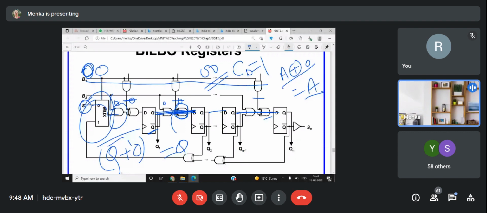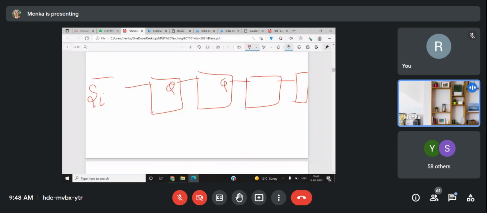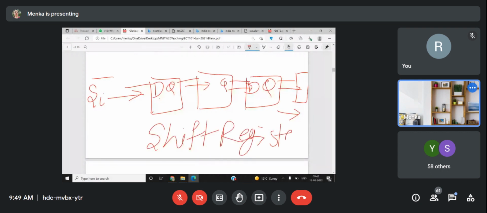So this SI bar is available at the input of the first D flip flop. So SI bar is the input, and in this fashion you are getting all the D flip flops. If a new input is pushed, it is shifted to this, to this, to this, and then the final output. So can I say this is a shift register? Yes or no? Yes, ma'am. Did you understand? Okay, I got it.